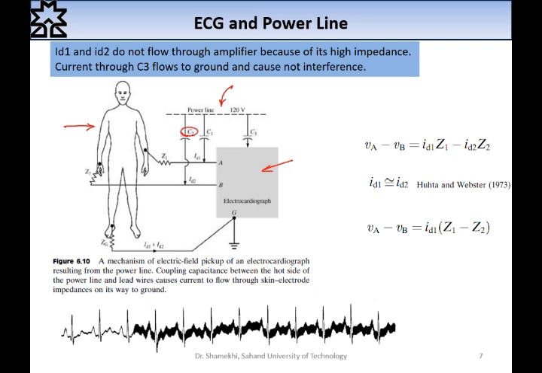These capacitances are some stray capacitances. As I mentioned before in the previous lectures, if we have two conductors, power line and the wires, and dielectric between them, we have capacitive behavior.